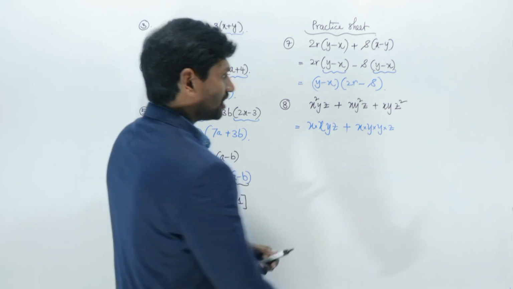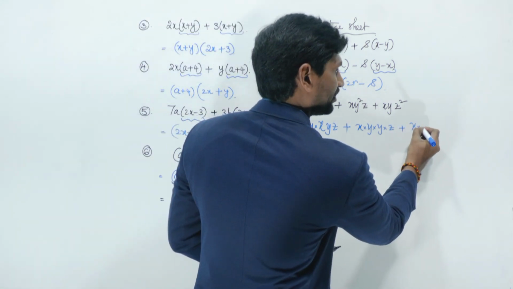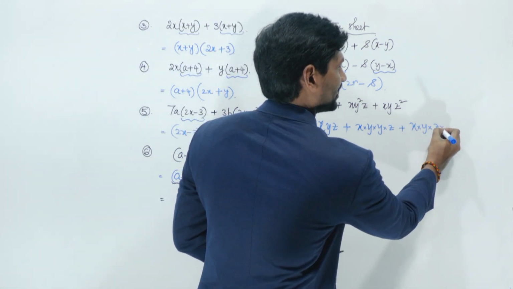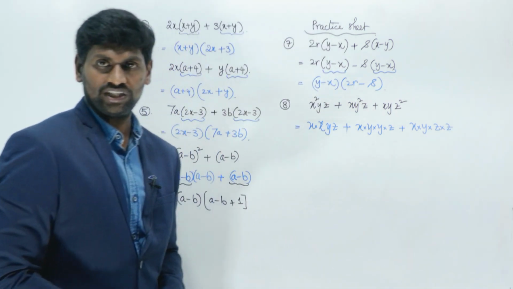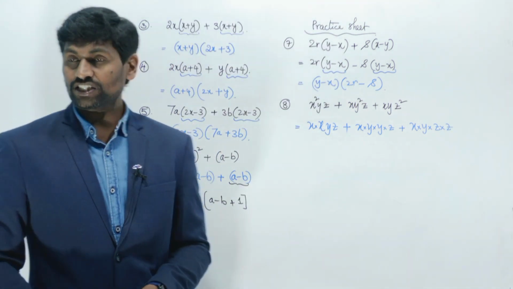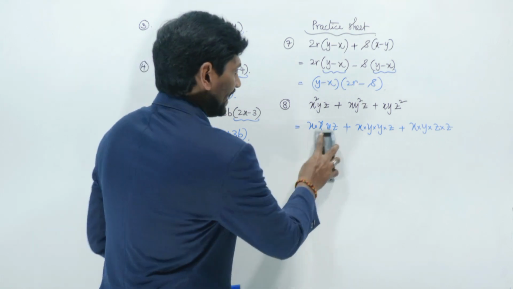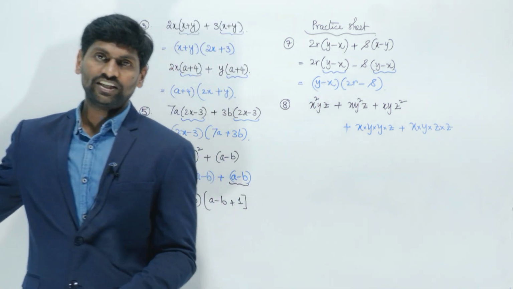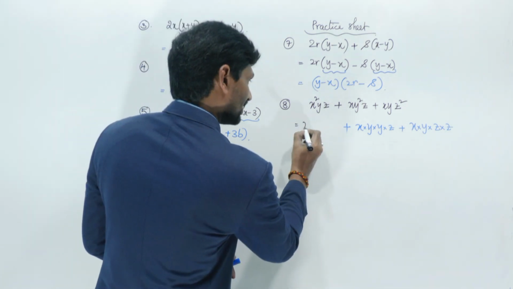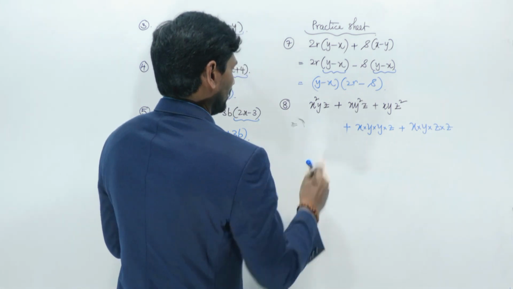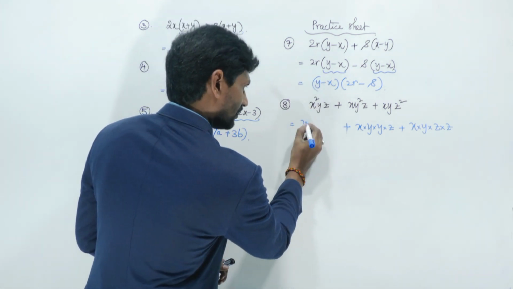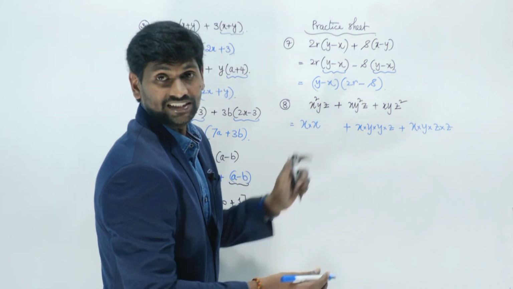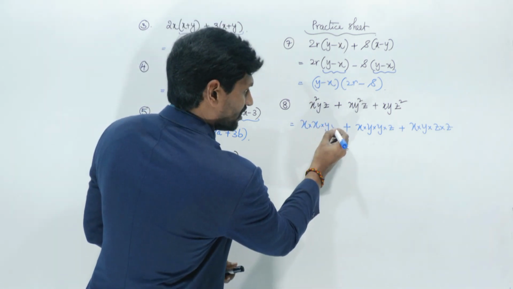Now the third term, x into y into z square, I can write as z into z. Check: x square yz I have written as x into x into y into z. X square means x into x, and yz is also there, y into z.